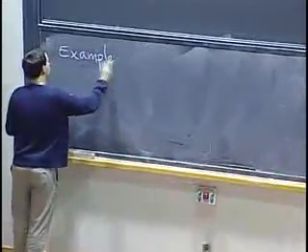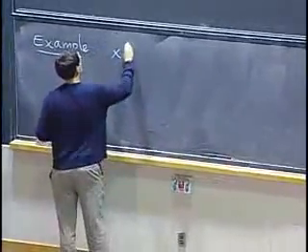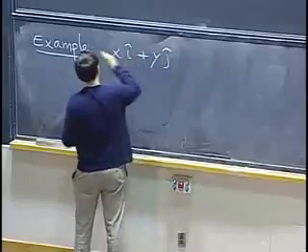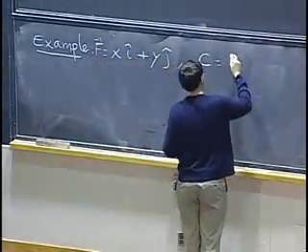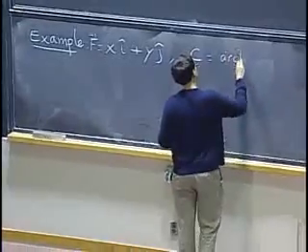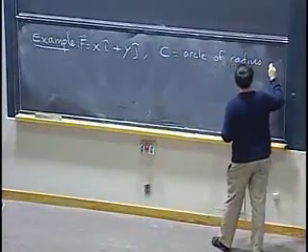Okay, so example. Let's take the same example as last time. So xi plus yj through C, the circle of radius a, counterclockwise.